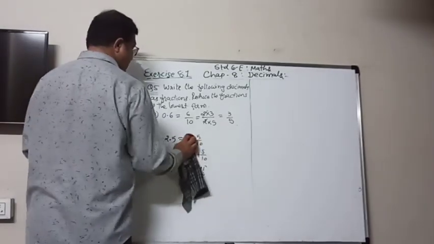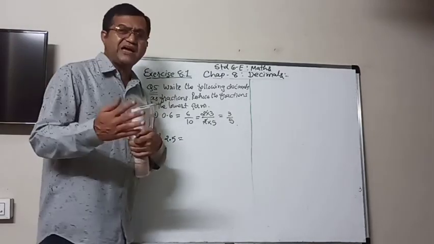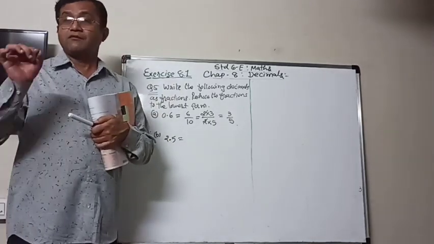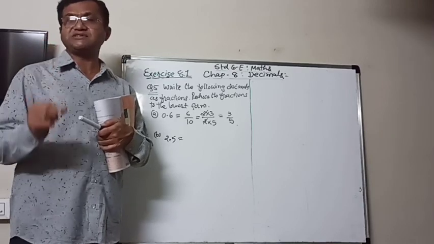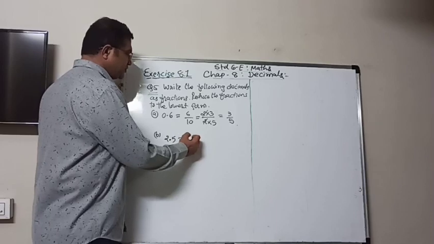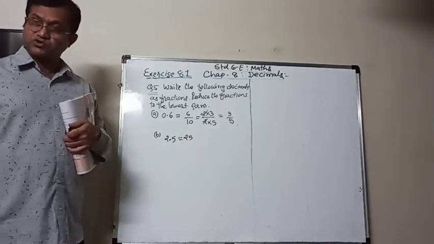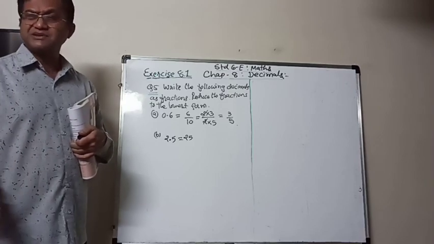So now I will show you a very nice method. Whenever there is one digit after the decimal point, so here 2.5 is there, if you take out the decimal point, what is 25? And then put 10 in the denominator. Very simple.